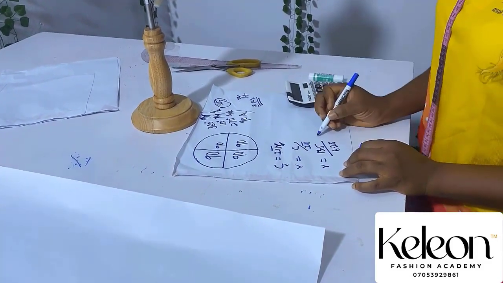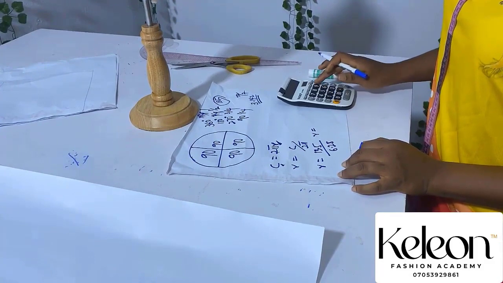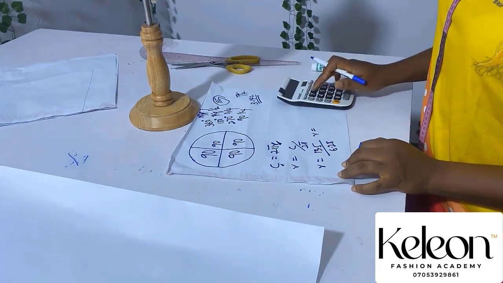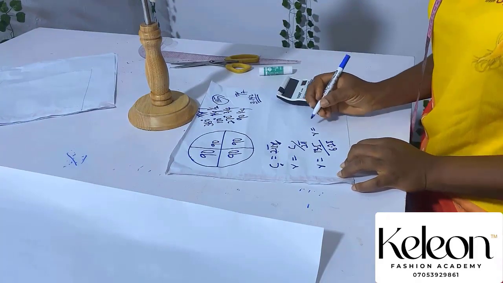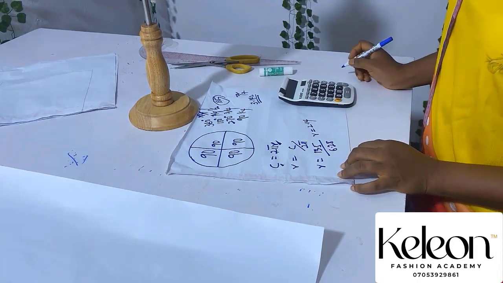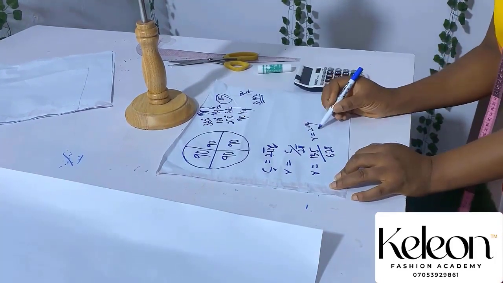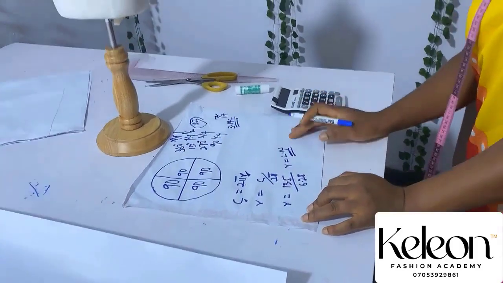So if I go ahead now to divide this further, I'm going to have 13.5 divided by 6.28, and I'm going to have 2.14. So this is our radius. This is what we are going to be marking out when we fold our fabric.